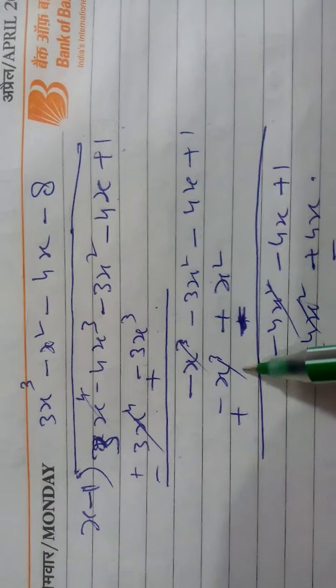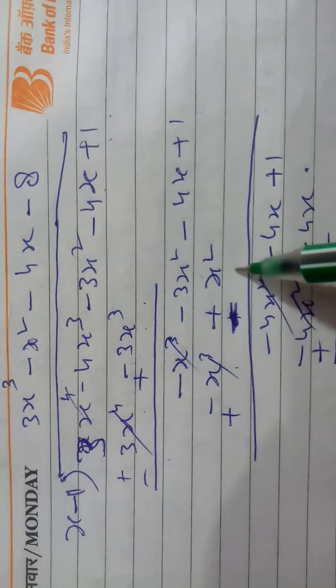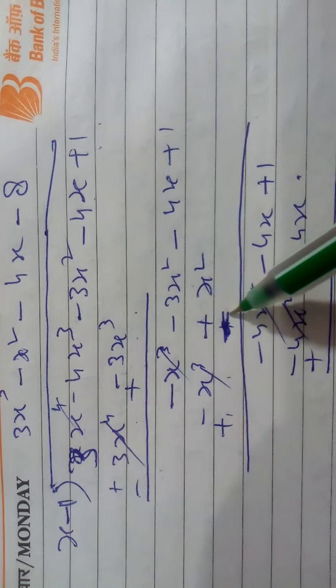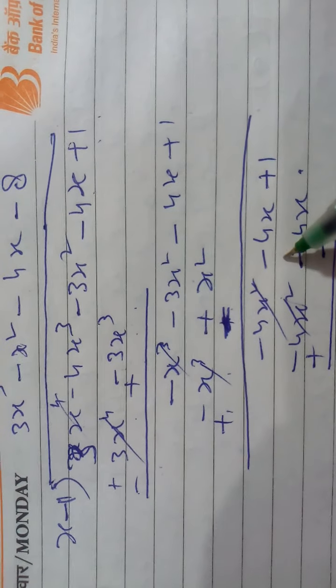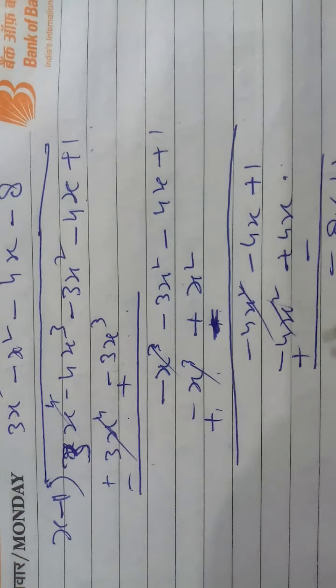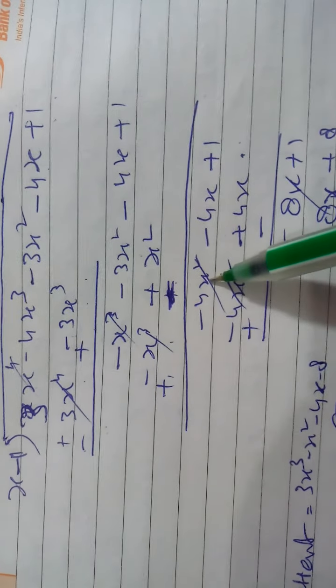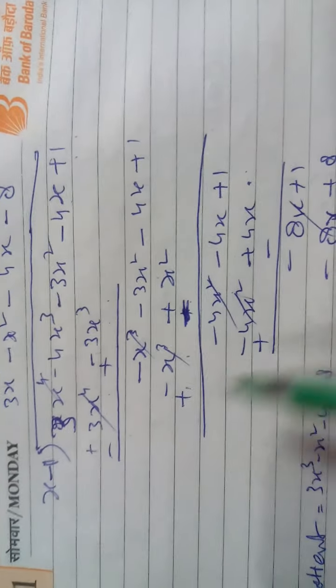You are getting minus x cube, minus minus plus x square. Again the sign will be changed. It will cancel, and 3 and this minus 1 minus 3 will be minus 4x square minus 4x plus 1. Now minus 4x square you want to compare with the divisor x and minus 4x square.